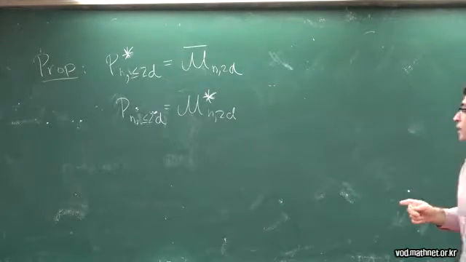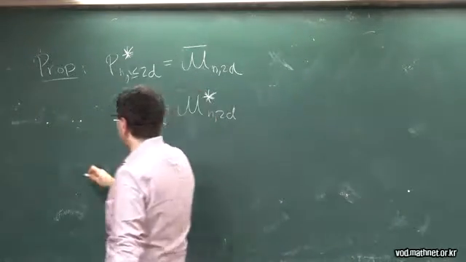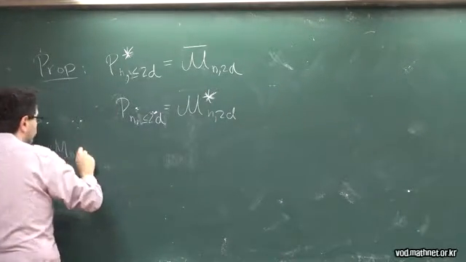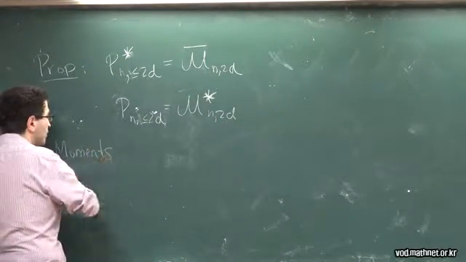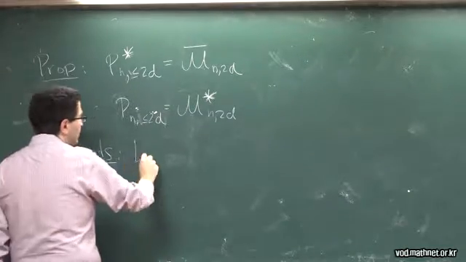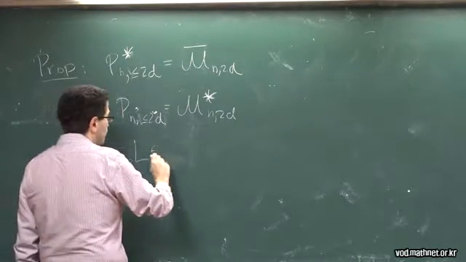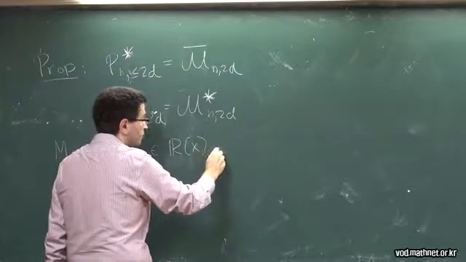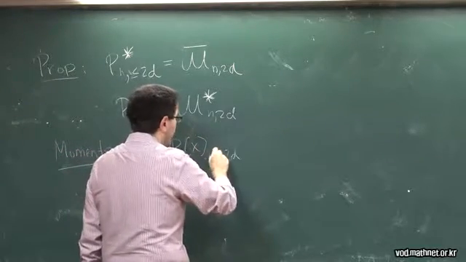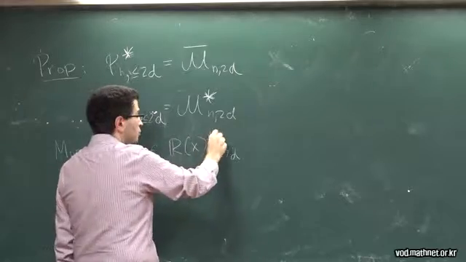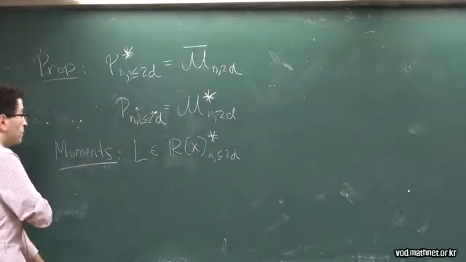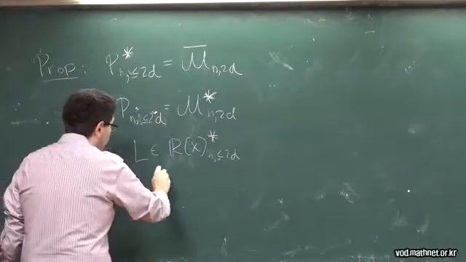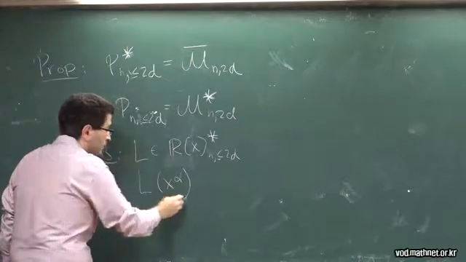Okay, so maybe let me just say, I call these things moment problems, and I never explained what is a moment. So the idea is that if you give me a linear functional on the space of polynomials, and so it's in the dual space, one way to represent it is to evaluate the functional on the basis.